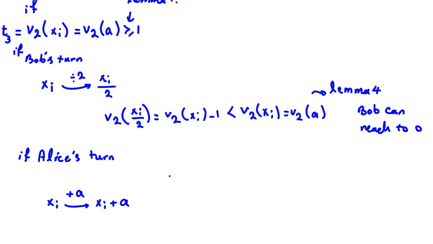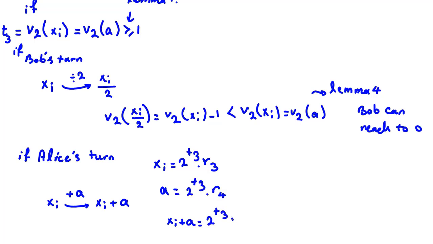So xi is 2^t3 r3. a is 2^t3 r4, because the powers of two of them are equal. Now xi plus a will be 2^t3 r3 plus 2^t3 r4. If you factor out 2^t3, it will be r3 plus r4.